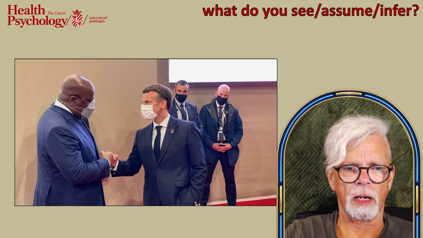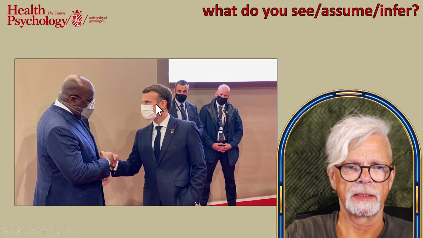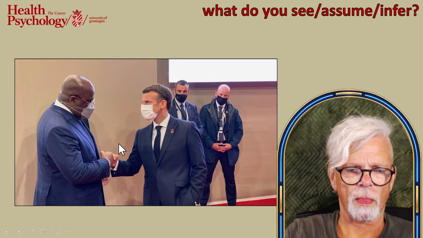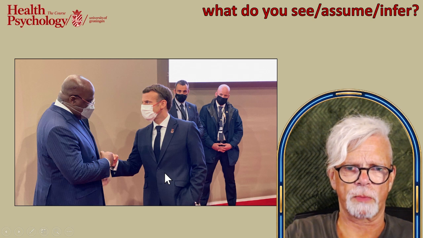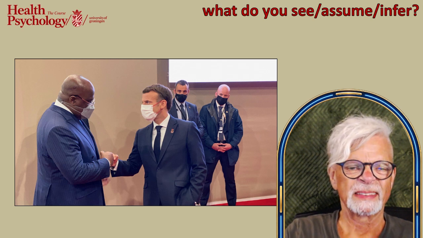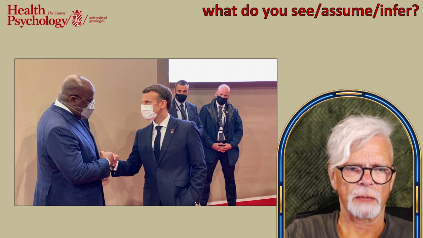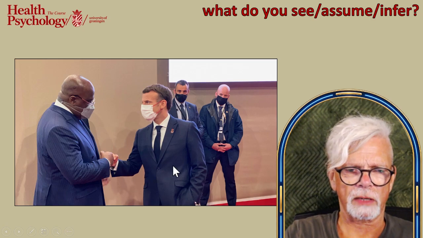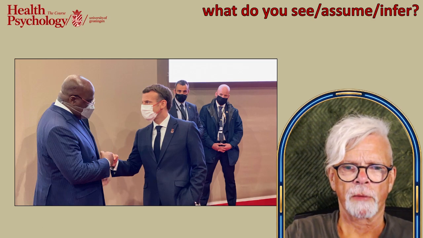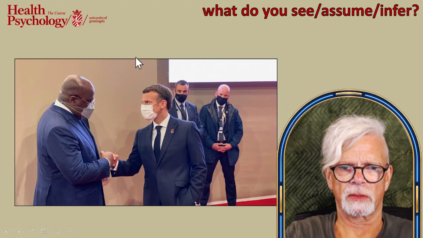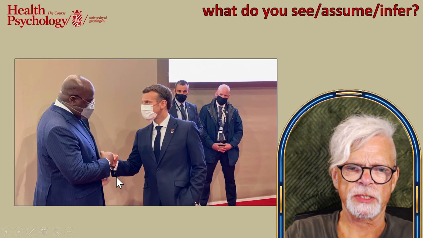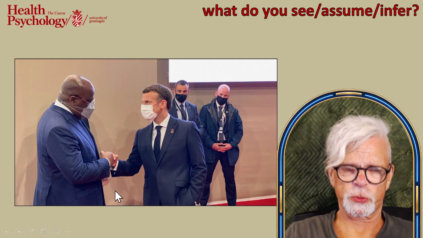Let's see. I see that they take measures, and different types of measures. Those are important people. This is Macron. I'm not sure who this person is, but it undoubtedly is also a leader. And I see also at the background people also with face masks. So that's what I observe.